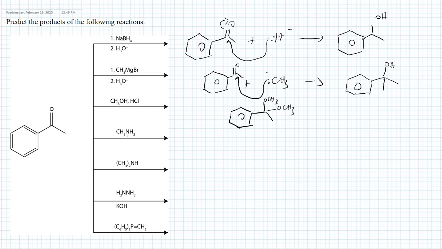So let's move to the next part. Next part is a primary amine. When we react a primary amine with aldehydes and ketones, we form imines. Basically, instead of a carbon-oxygen double bond, we are going to form a carbon-nitrogen double bond, plus a water molecule will be released. So let's write here.